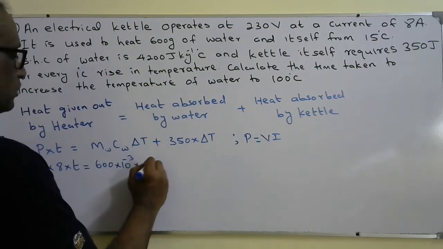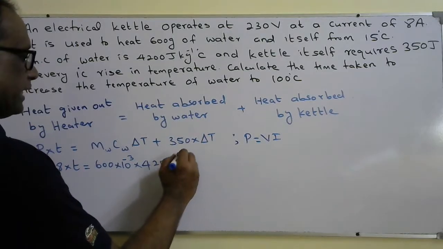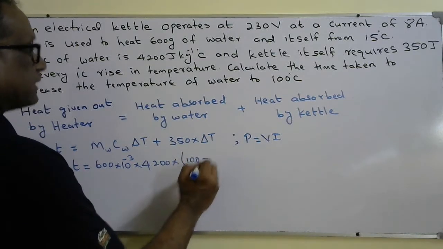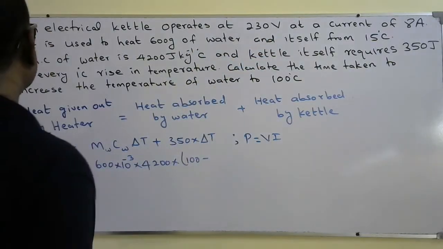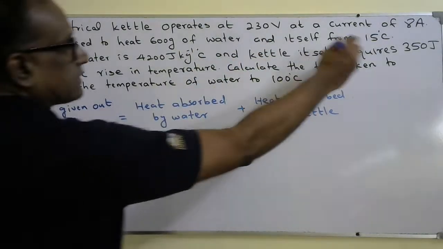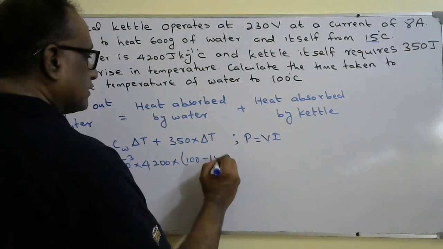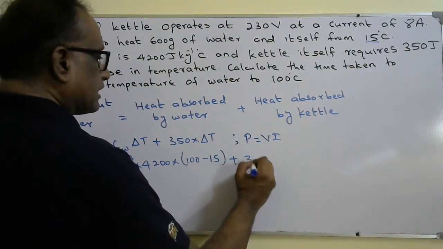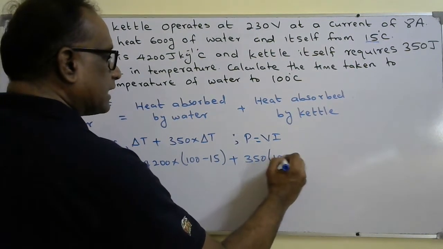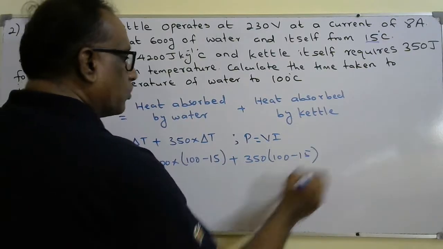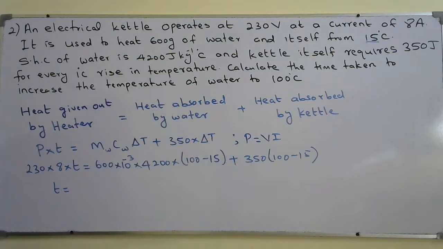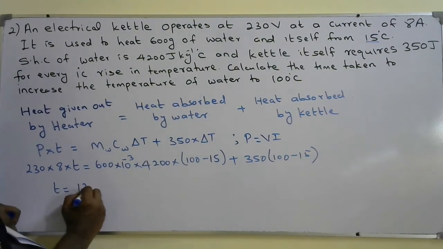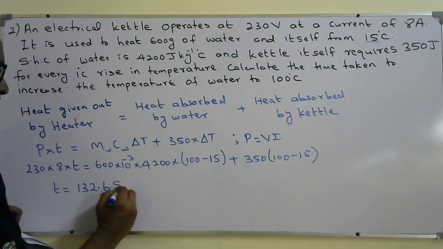So 4200 into delta T, which is 100 minus 15, since the final temperature is 100 and initially it was 15 degrees Celsius, plus 350 into 100 minus 15. The only unknown is t. Find the time. It comes to 132.6 seconds.